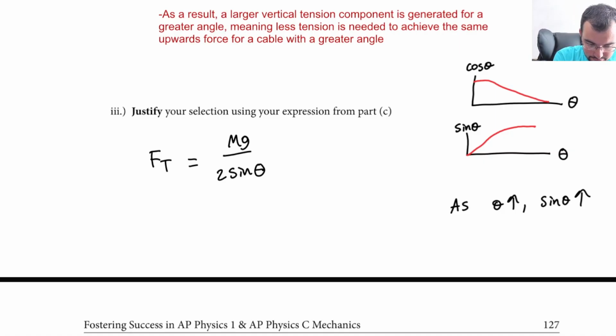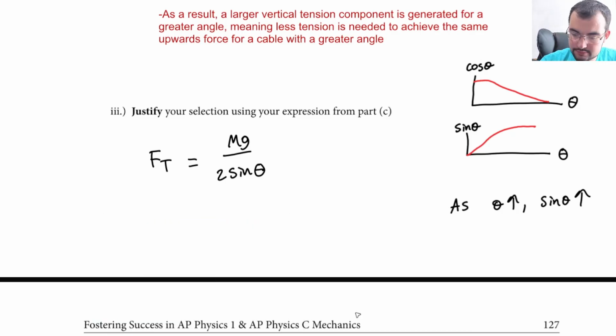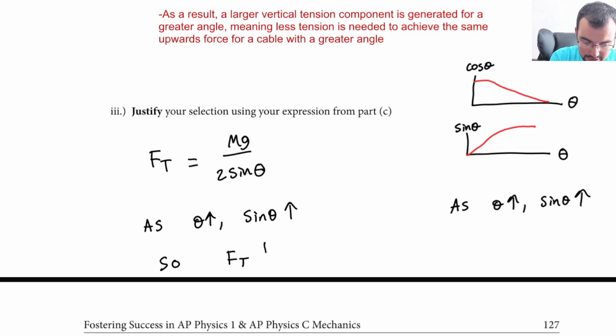So as theta increases, mg over 2 sine theta is going to decrease because sine theta is in the denominator. So as theta increases, sine theta increases, so ft is going to decrease because you're dividing by a bigger number.